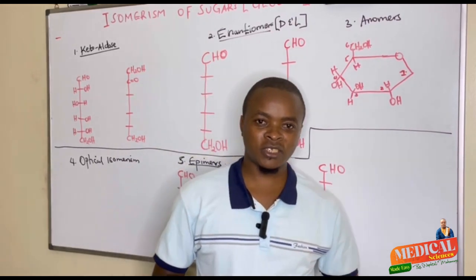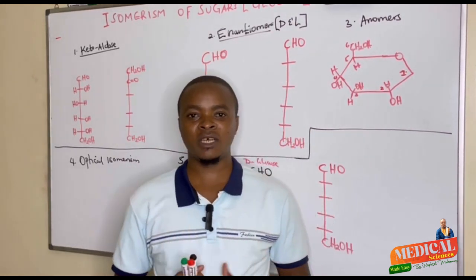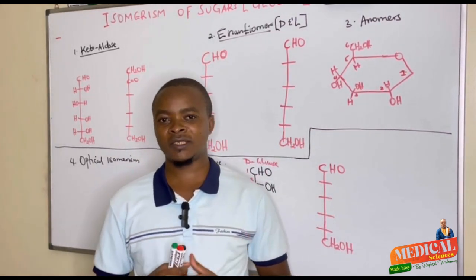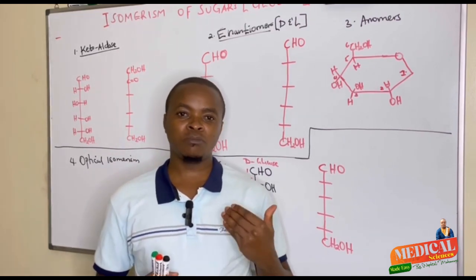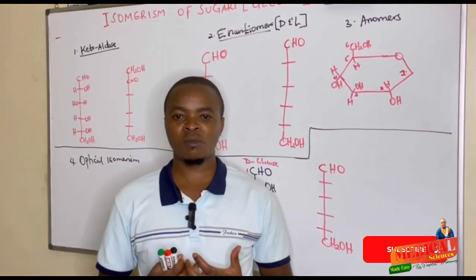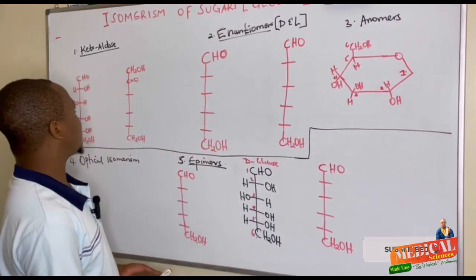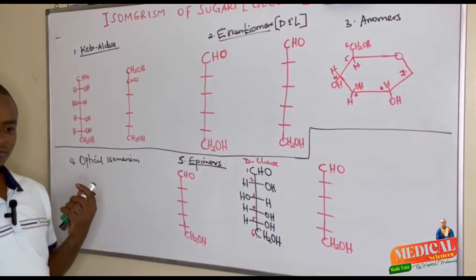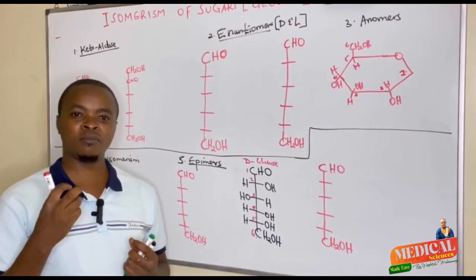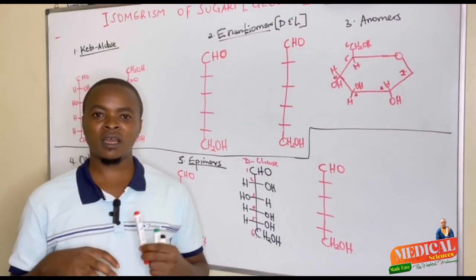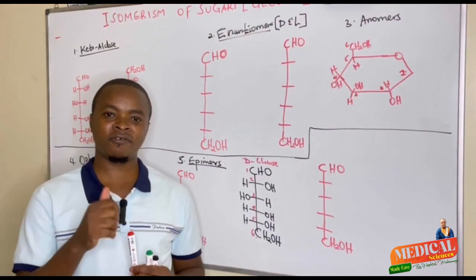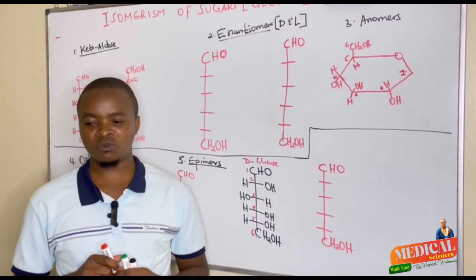Today we want to discuss different isomers of glucose, or what we call sugar. We see that monosugars exist in different isomers. And what are isomers? Isomers are molecules with the same molecular formula, but they differ in structural arrangement.